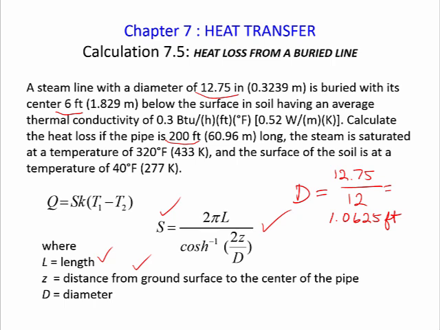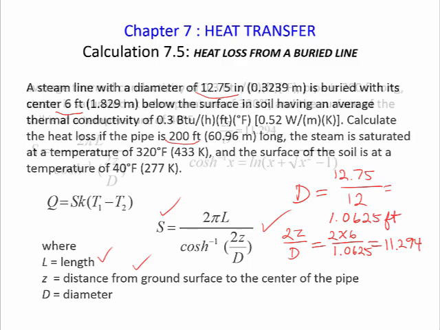The quantity 2Z over D now can be calculated as 2 times 6 feet divided by 1.0625 feet, and this is equal to 11.294, and this quantity is dimensionless.